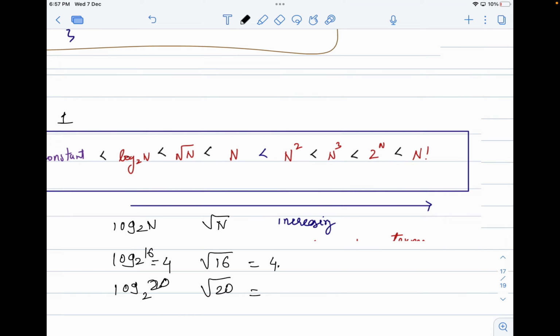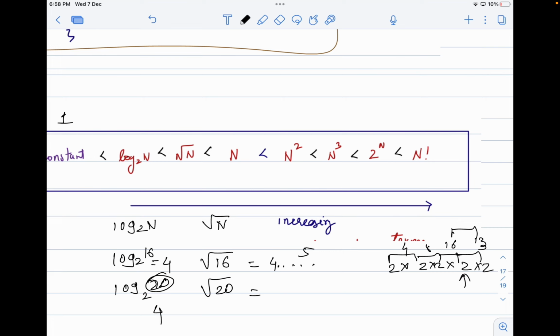It will not be 5, it will be 4 point something. If you take 2 into 2 into 2 into 2 into 2, this is 4, this is 8, this is 16, this is 32. So now your 20 lies between these.